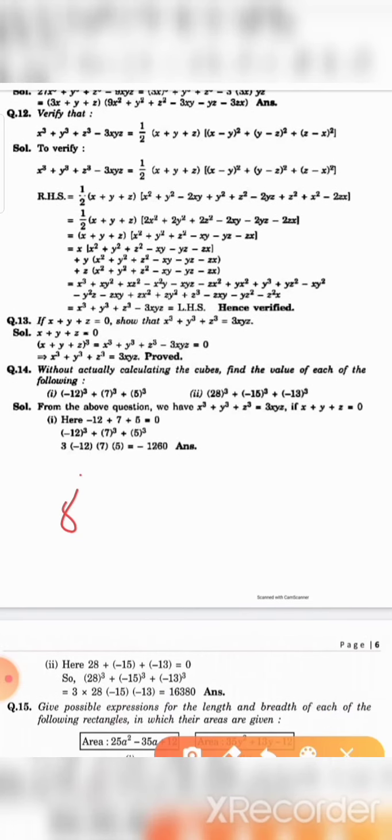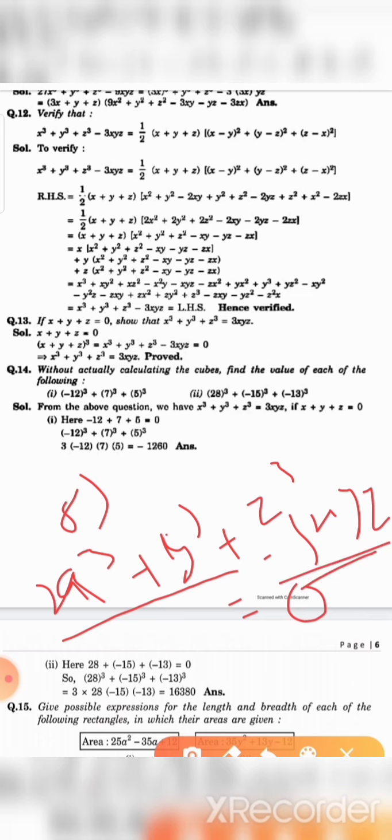So given identity number 8, x cube plus y cube plus z cube minus 3xyz is equal to 0, because 0 multiplied by the rest of the terms will be 0. So the value of x cube plus y cube plus z cube is equal to 3xyz.